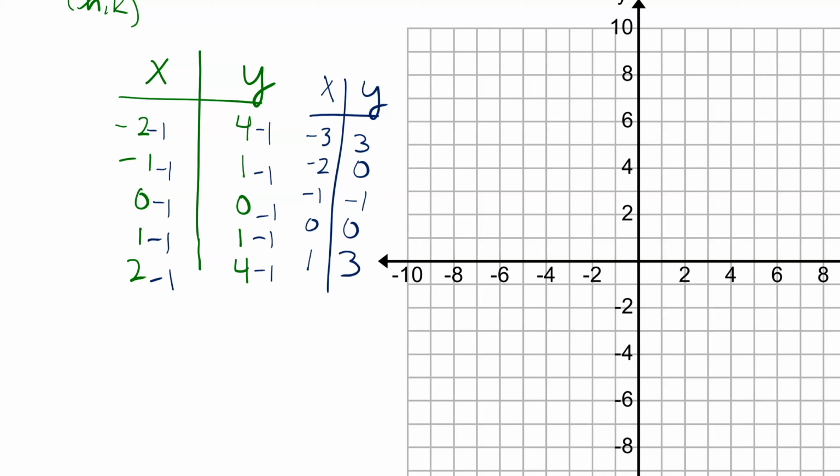Notice everything is shifting down 1 and over 1 from my parent function. The parent function looks something like this. If I shift my whole parabola left 1, down 1, that's what this should look like. So I have points at -3, 3, -2, 0, -1, 1, 0, 0, and 1, 3.